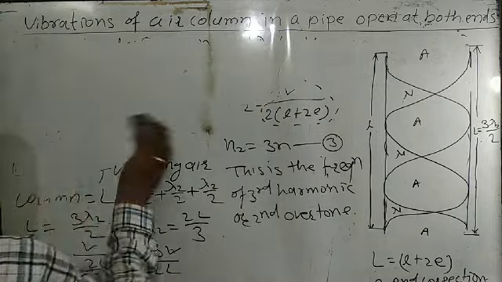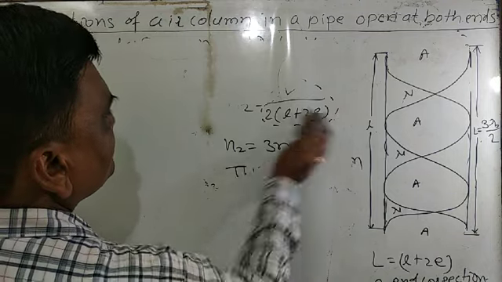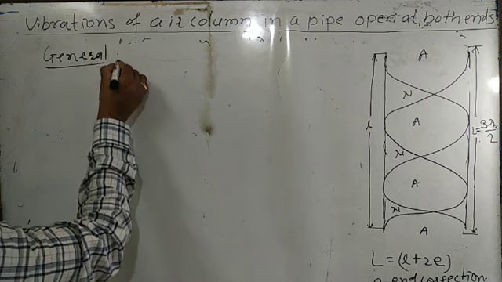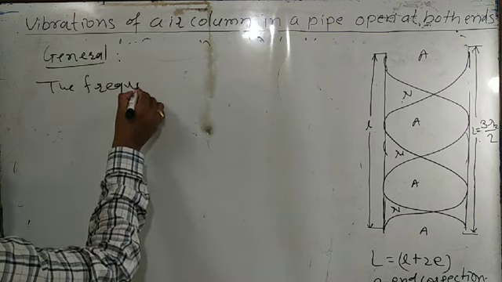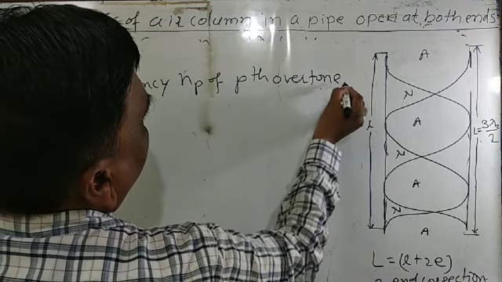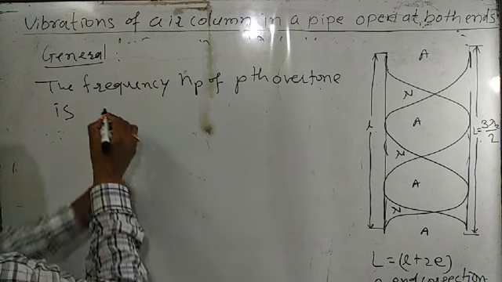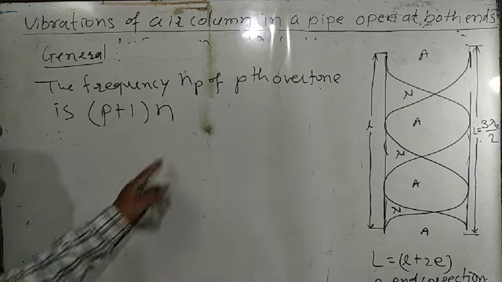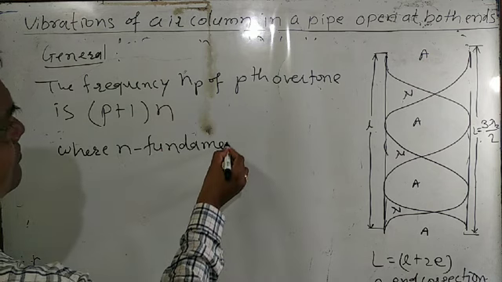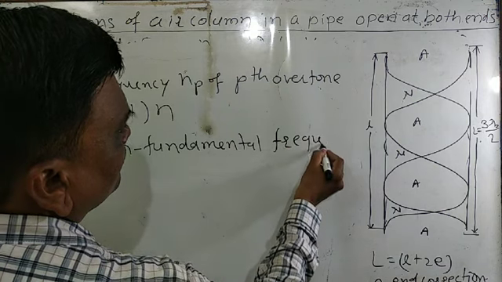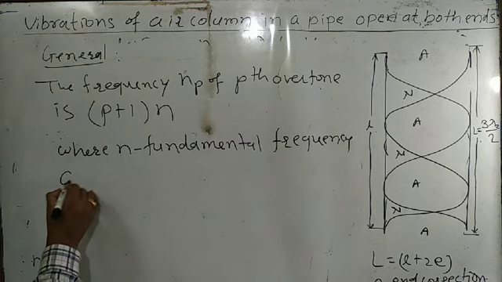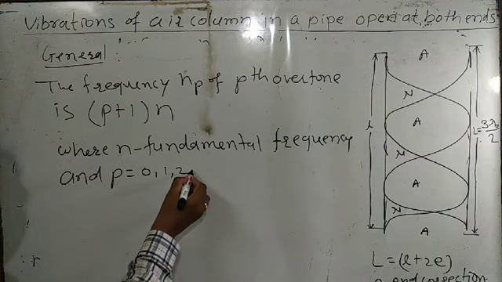The frequency Np of the pth overtone is P plus 1 into N, where N is the fundamental frequency, and P equal to 0, 1, 2, 3 and so on.